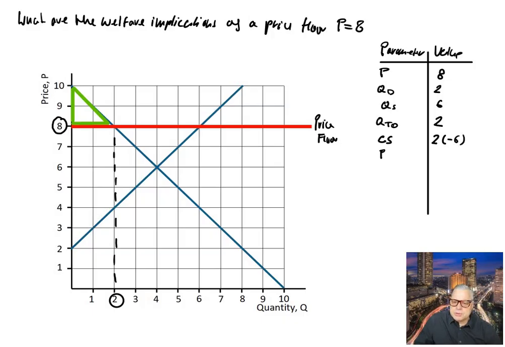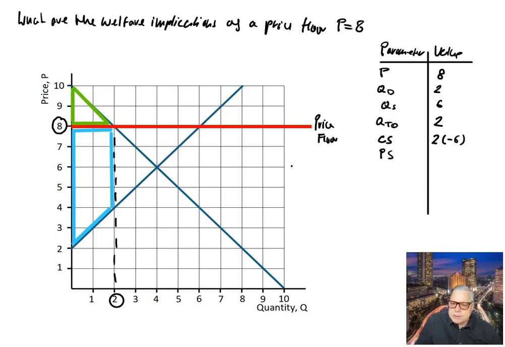Now what about the producer surplus? So the producer surplus is, I'll do that again. So this is this area here, which is 1, 2, 3, 4, 5, 6, 7, 8, 9, 9.5, 10.